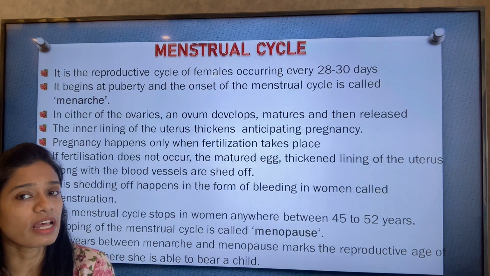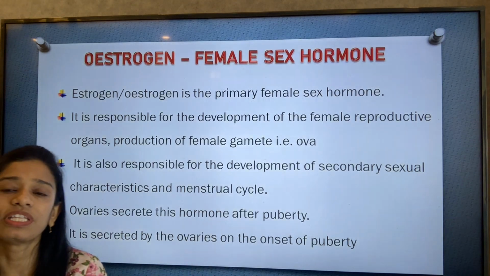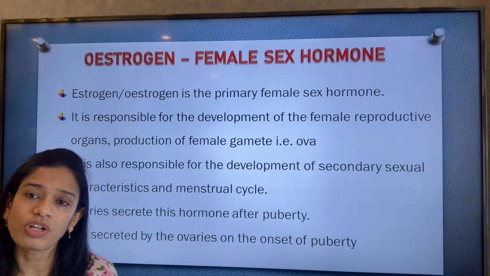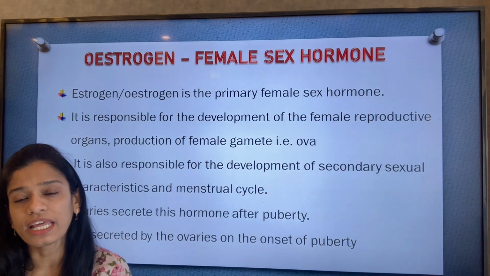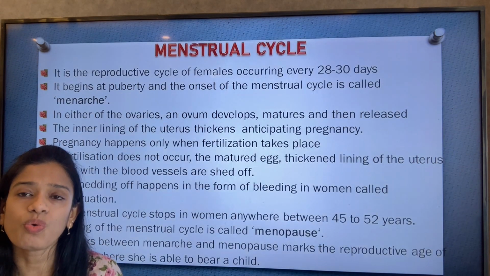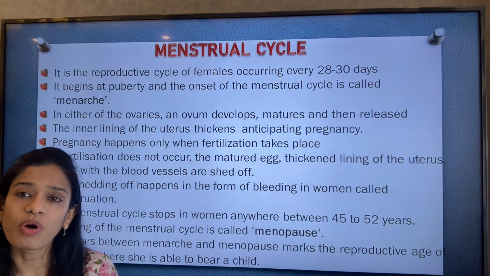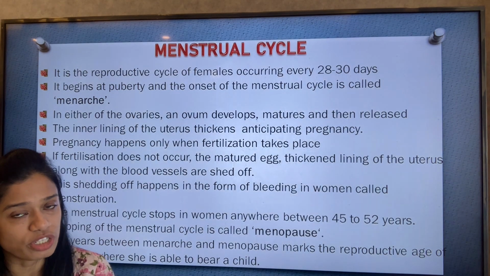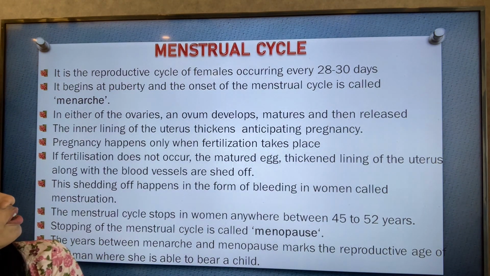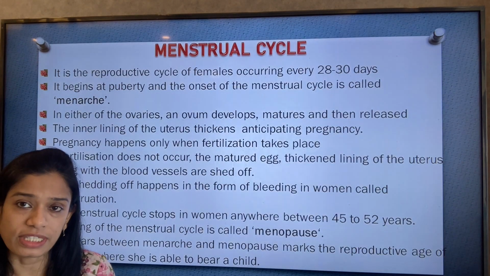In the last slide we talked of the menstrual cycle; the onset of puberty also marks the start of the menstrual cycle. So let's have a look at what the menstrual cycle is. This is an important phenomenon from an exam point of view. It is the reproductive cycle of females occurring every 28 to 30 days.